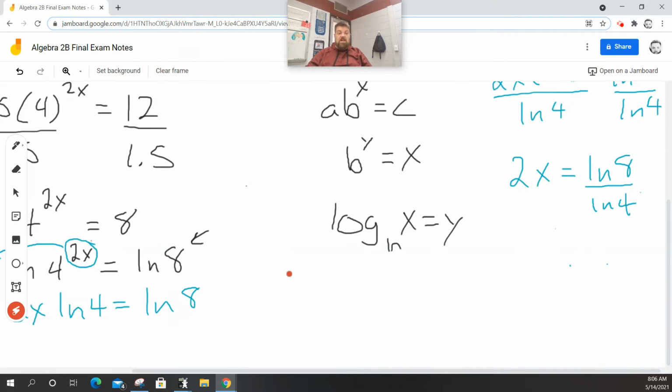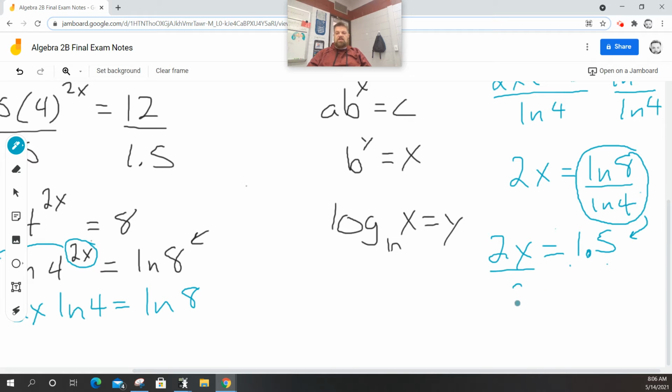So then in my next line, I would say that 2x, normally I would wait until the end, but I just wanted to show you guys, is equal to 1.5. This whole thing right here is equal to 1.5. So then to get x by itself, I just divide by 2, and I get x is equal to 0.75.